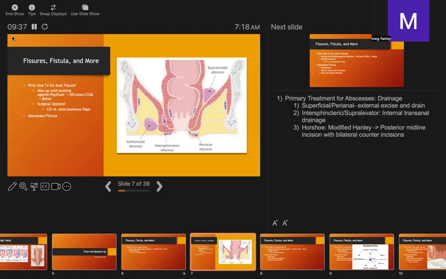Okay, so that's the Hanley. If you talk to some of our staff who do this, Dr. Jensen likes to put Malecot catheters in these. Depending on who you are, you may be packing them with gauze. It just depends. Okay, great. So modified Hanley. If they say posterior drainage with counter incisions, that's what a Hanley is. And that's your treatment for horseshoe abscesses.